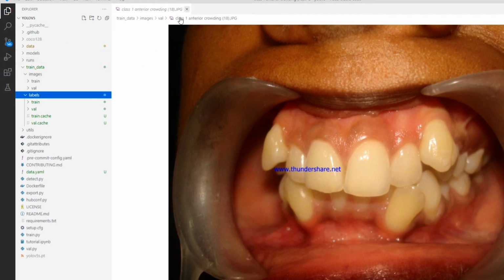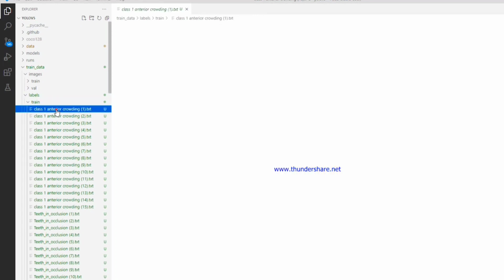If we take a look at them, they will contain parameters such as this. This contains the class name, the class label, and the parameters for the bounding boxes.